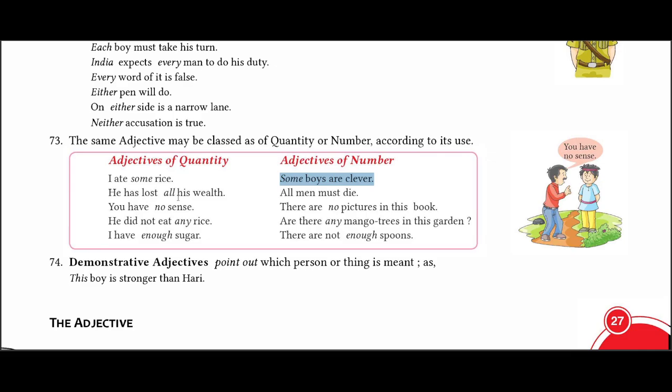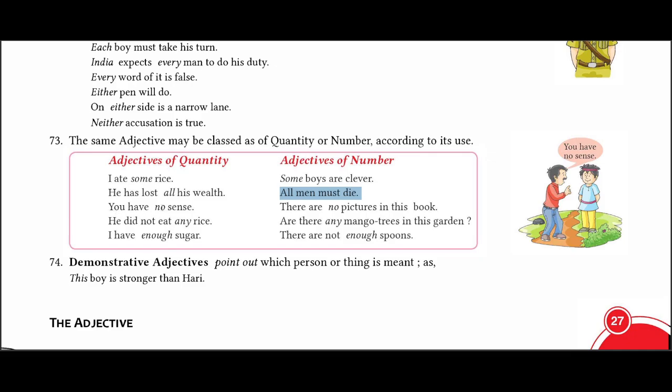He has lost all his wealth. Wealth is an uncountable noun. So all is an adjective of quantity. Now, all men must die. Men is a countable noun. All is an adjective of number or a numeral adjective.